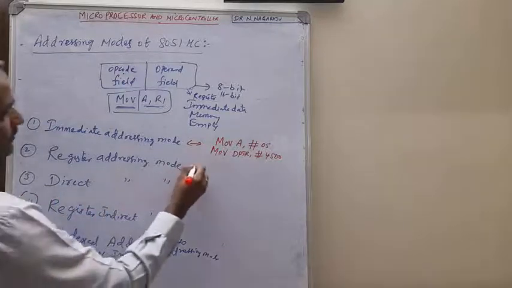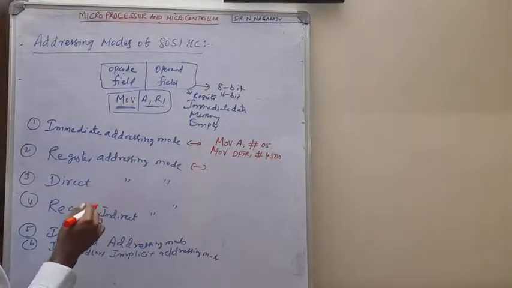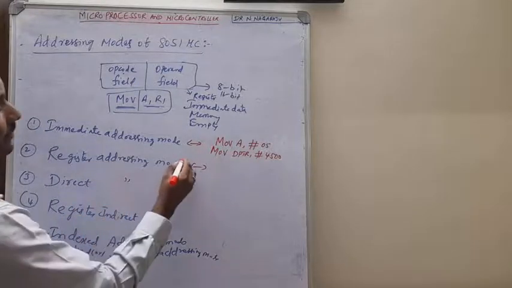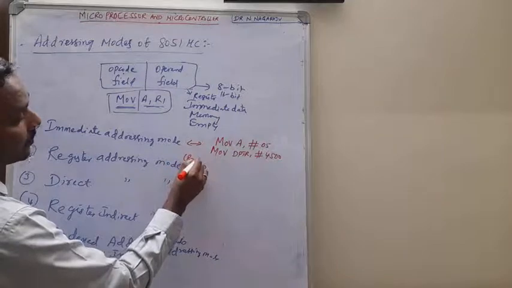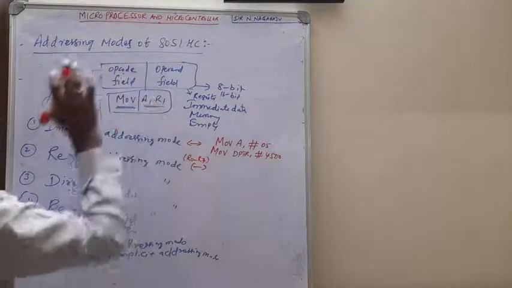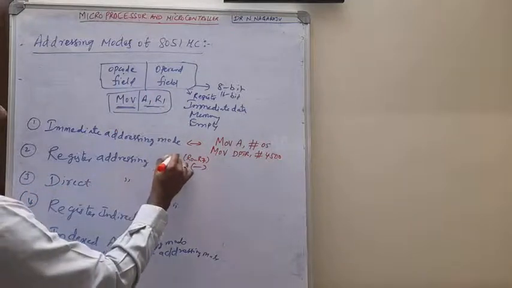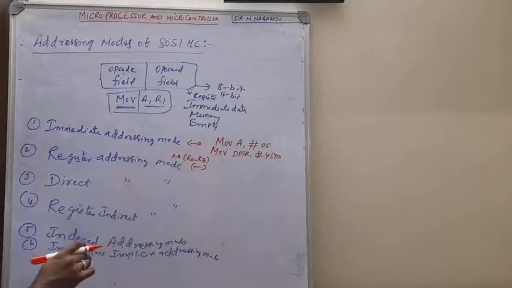In 8051 microcontroller, we have the registers R0 to R7. These are predefined registers available in 8051 microcontroller, and along with R0 to R7, the A and B general purpose registers are available, and also the program counter and DPTR registers.